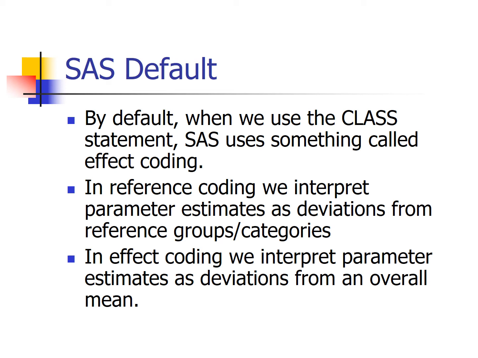That's how reference coding works. In effect coding, we interpret parameter estimates as deviations from some overall mean. So in reference coding, we're picking a reference category, perhaps Westchester University, and looking at the other groups to see how they compare to Westchester. In effect coding, we're looking at the overall mean GPA of all students, and then we're looking at all the different universities to see how they compare to that overall mean.